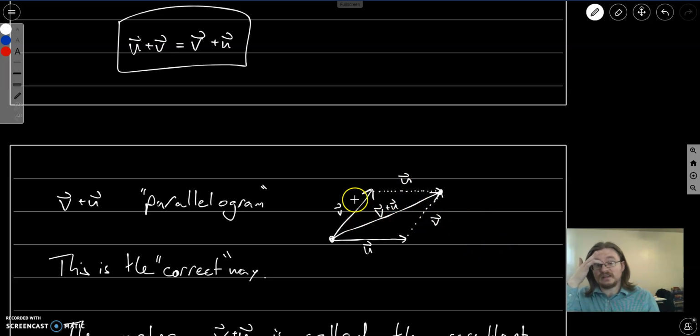This is more or less the best way to do this because there's a lot of information here. We can see that we have two triangles here. We've been studying triangles all semester. We can learn a lot about these vectors by studying these triangles and the angles that are showing up in here. So this is going to be the correct way, the best way, the most helpful way to draw.